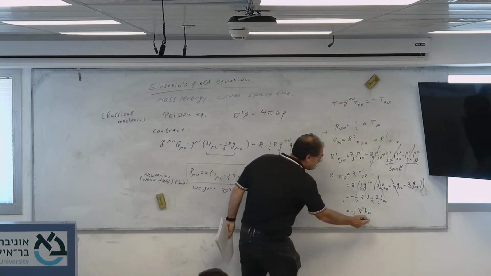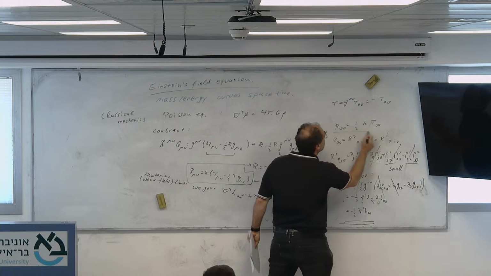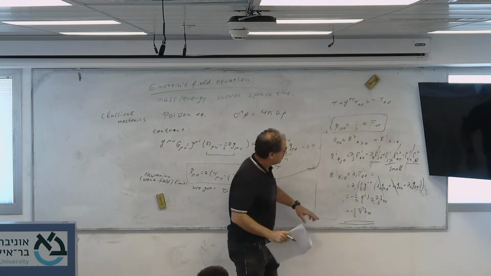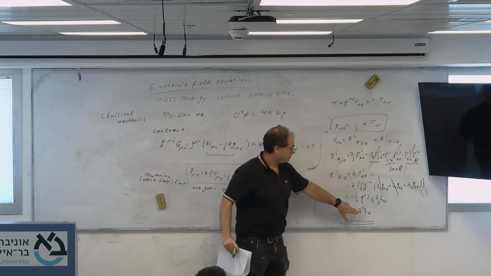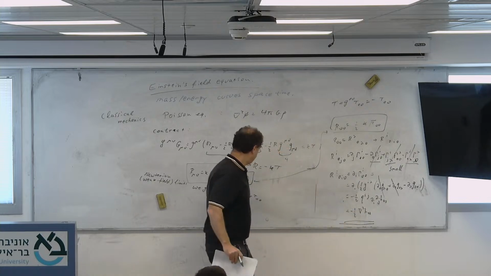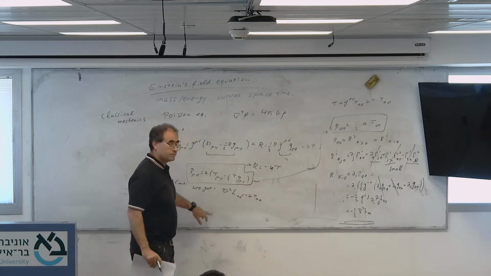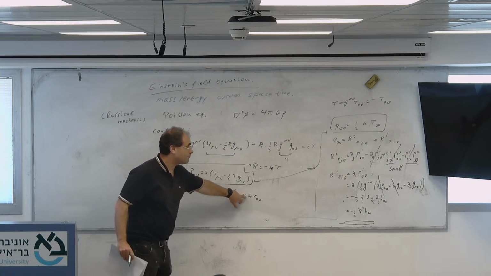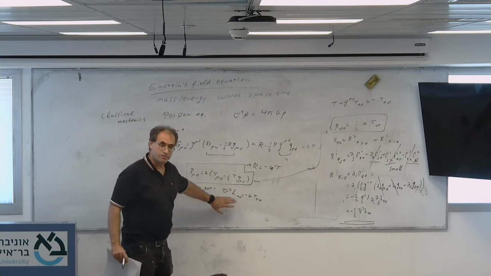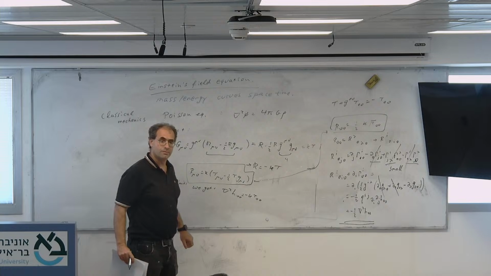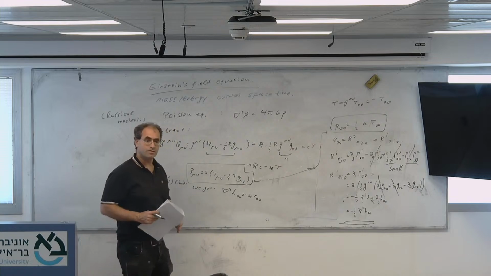Right, this is equal to that. Just plug it in here, I got nabla squared h00 is minus kappa T00. This derivation was done in the Newtonian limit. What did we get from the Poisson equation?